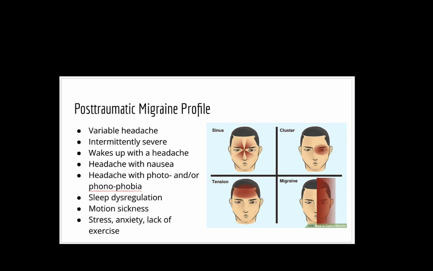They may be sensitive to light, maybe sensitive to sound, and that might actually aggravate their symptoms even more. This is not typically the person where you'll see them do neck range of motion and say, oh my gosh, my headache is so much worse. It's typically a type of headache that's separate from the provocative testing that you would do for the C-spine.